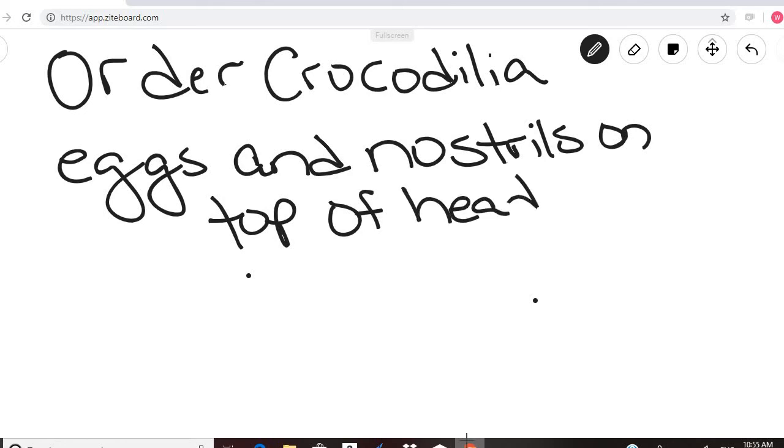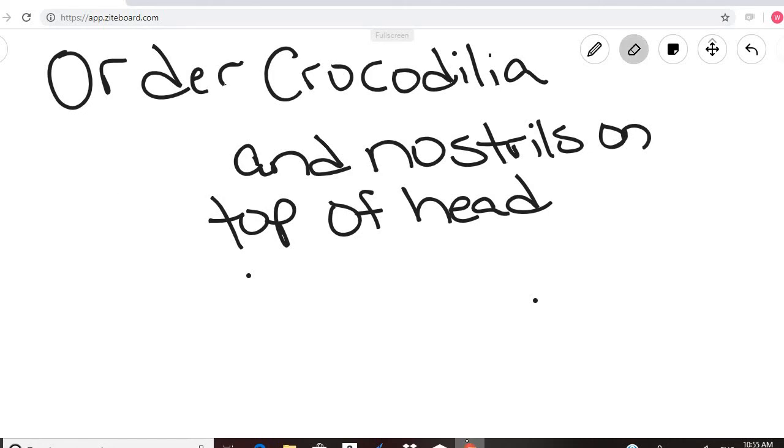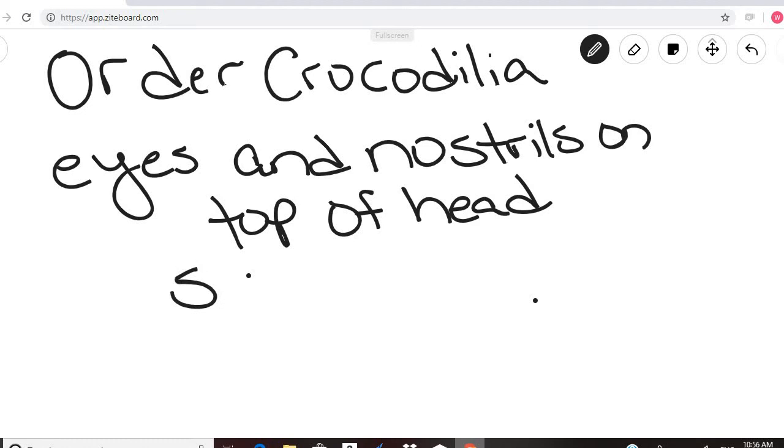So if you've ever been to a place where you can see alligators and crocodiles in the wild, you'll often just see a pair of eyes and the nostrils sticking up, and that allows them to move through the water and sneak up on prey.